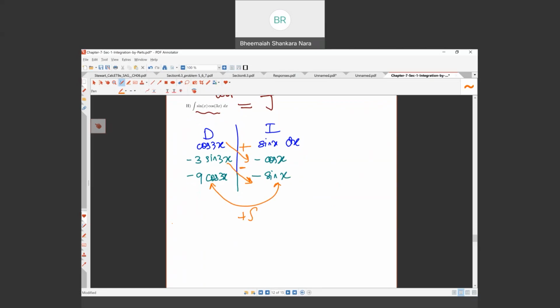The problem we are trying to integrate is sin x cosine 3x dx equals, when we multiply the first term from the table, we have negative cosine x cosine 3x, then we have negative 3 sin 3x sin x, then we have positive 9 integral cosine 3x sin x dx.